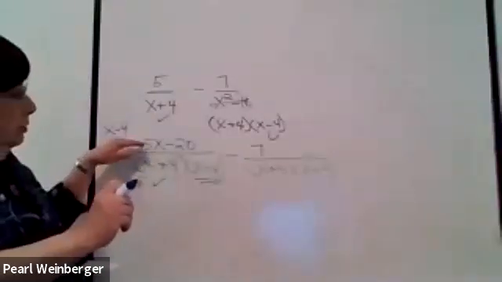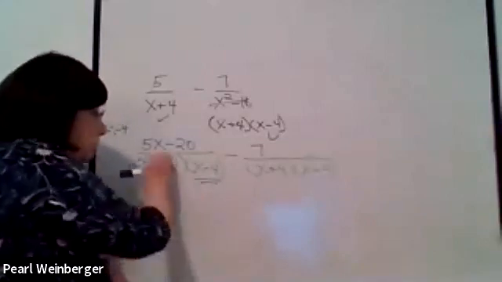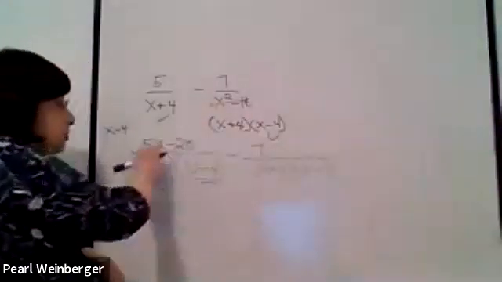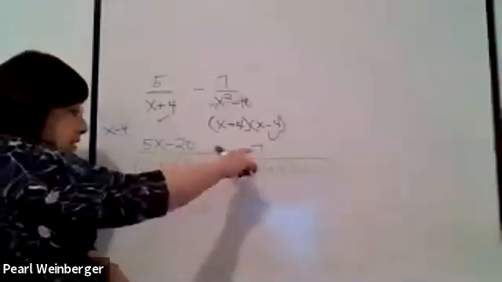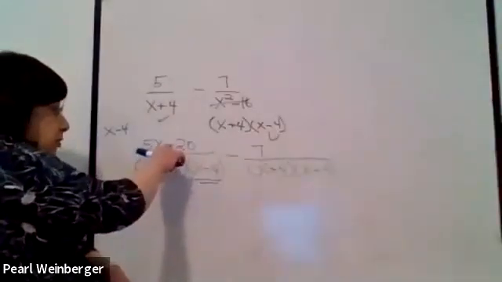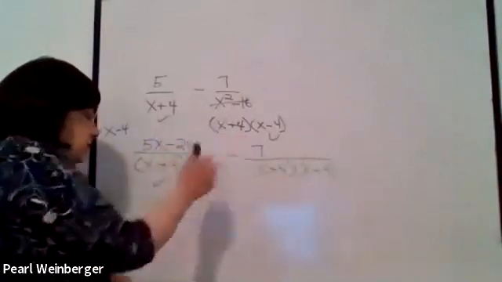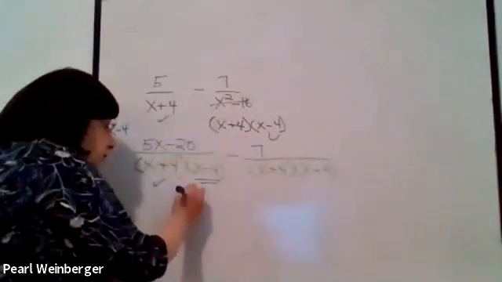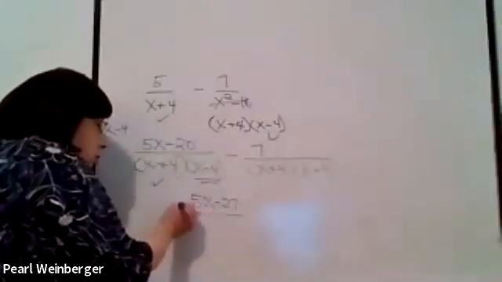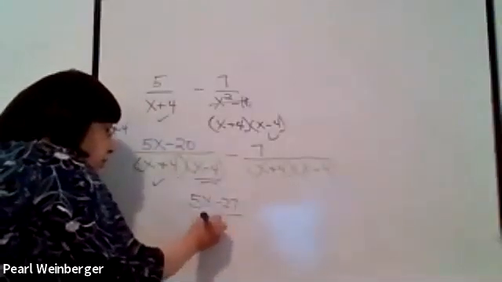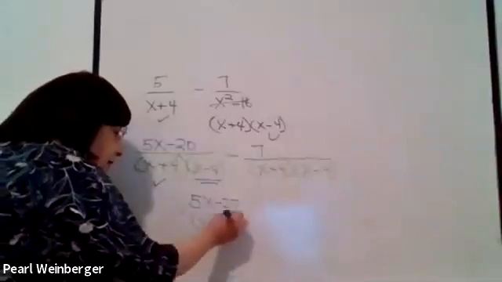Now I'm going to combine all the like terms, which are the negative 20 and the negative 7. That gives me 5x minus 27, and that all goes over the x plus 4 and the x minus 4.